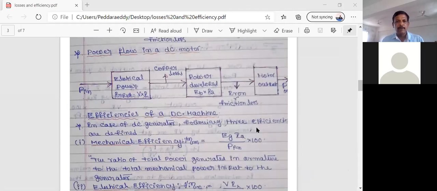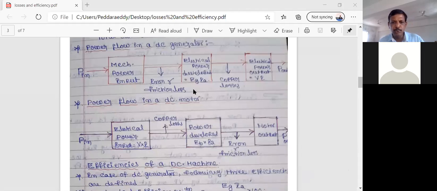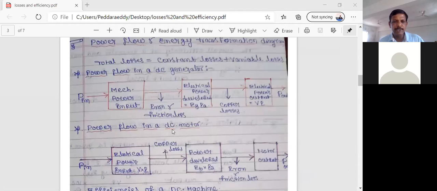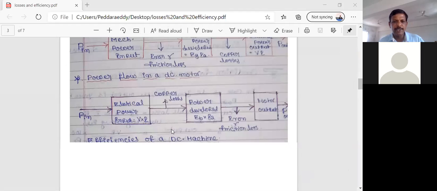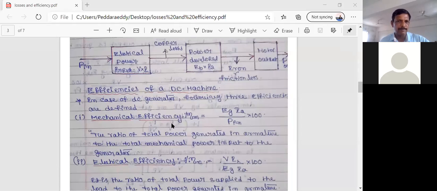When you study these two block diagrams, it is easy to calculate the efficiencies of a DC machine. In case of a DC generator, the following three efficiencies are defined. Let us see how to derive those formulas for the DC generator. First of all, mechanical efficiency.